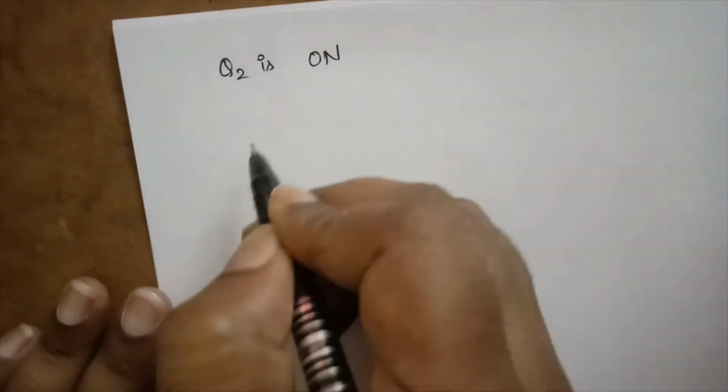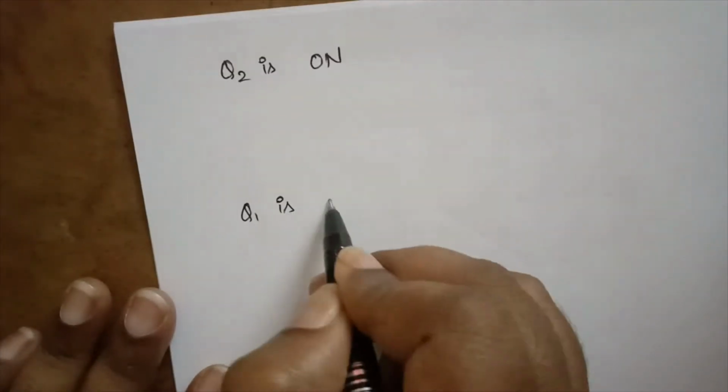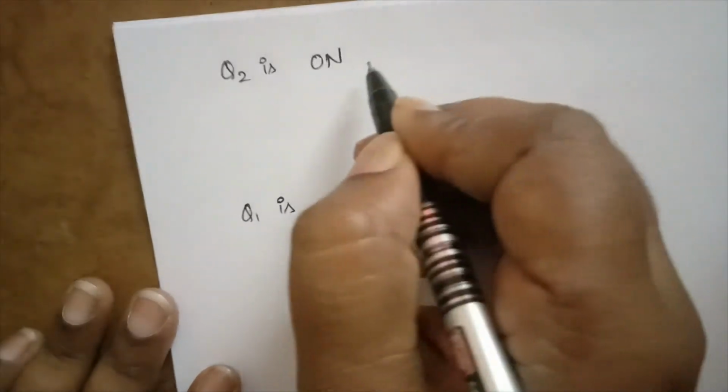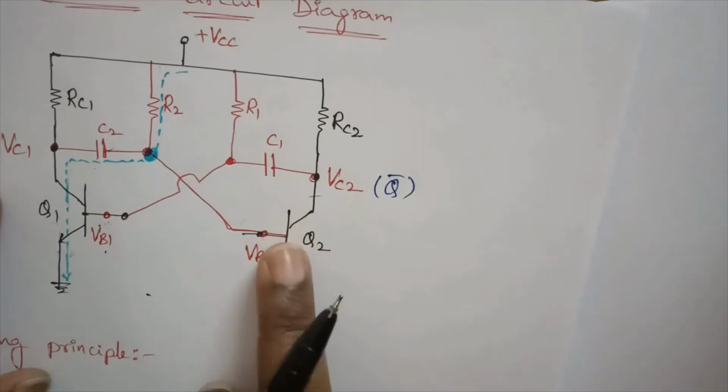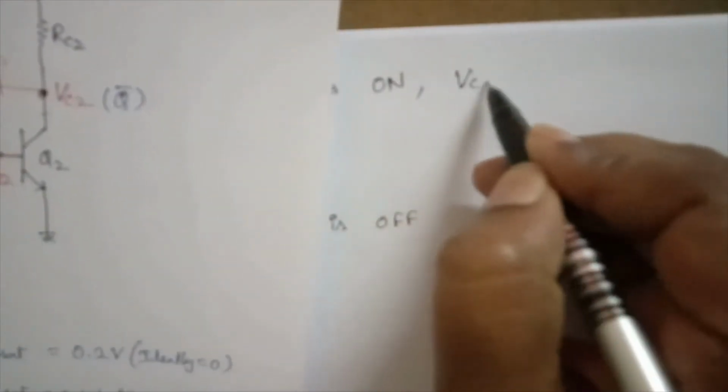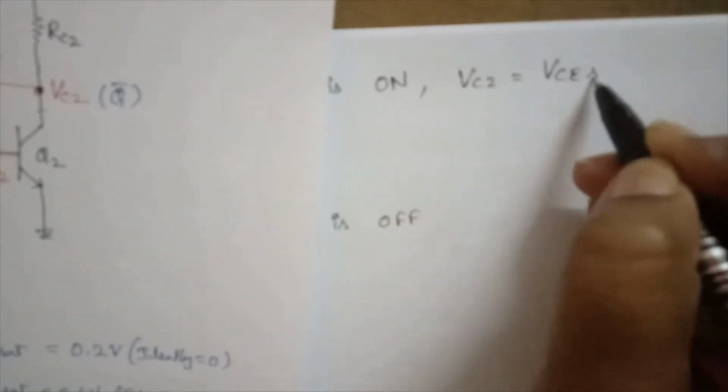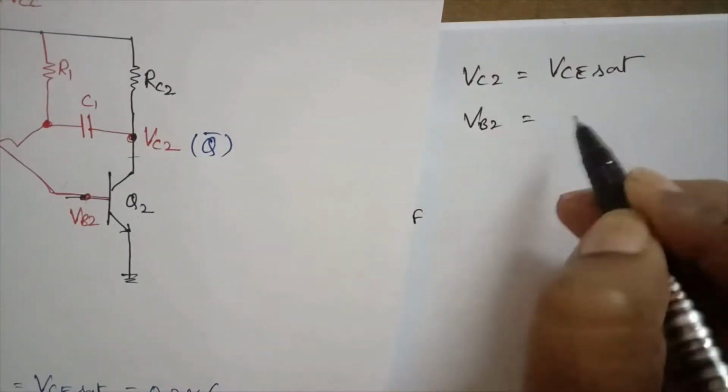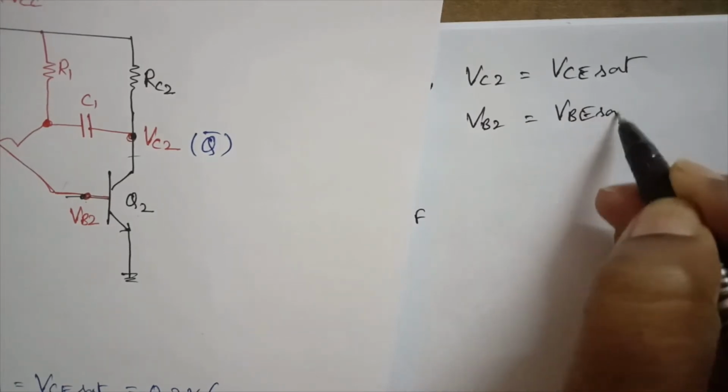Now we are getting two conditions. The first one is Q2 is on and the next one is Q1 is off. When Q2 is on, VC2 is VCE sat and VB2 is VBE sat.